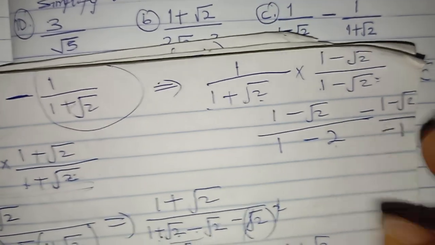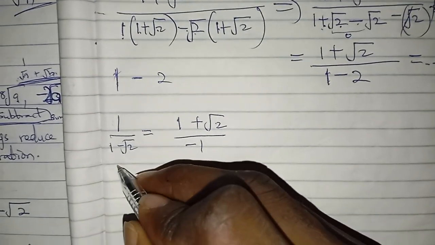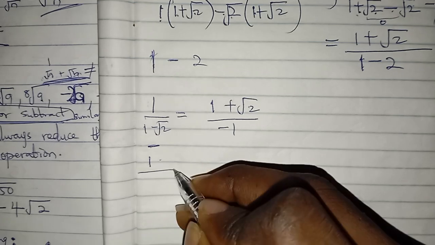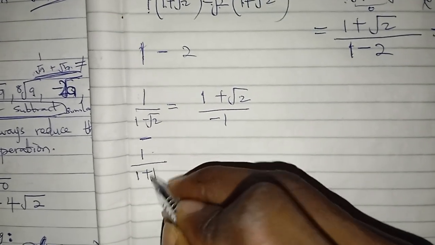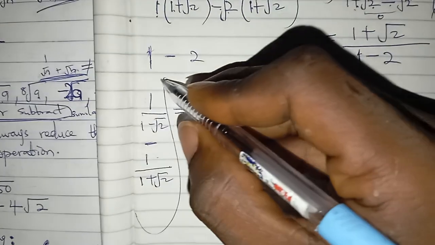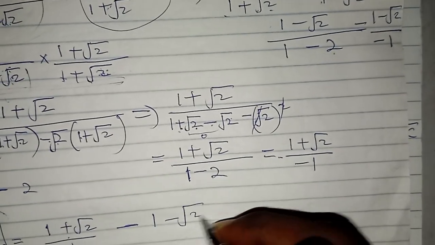So I'll bring it down. When I subtract these two, it is what I got for the first minus what I got for the second one, which is 1 minus root 2 all over minus 1.